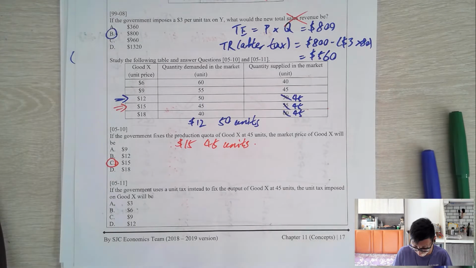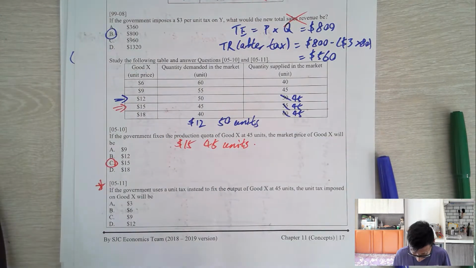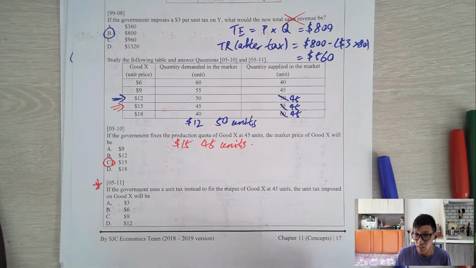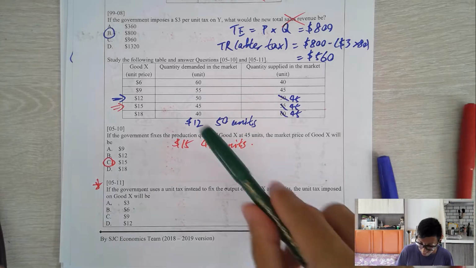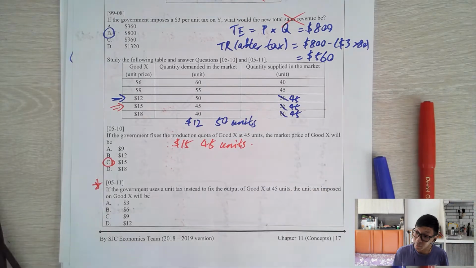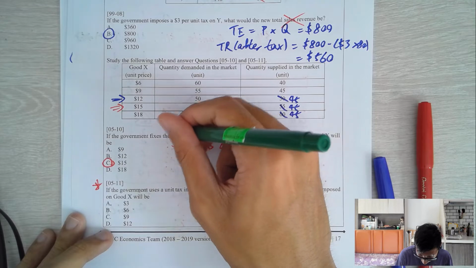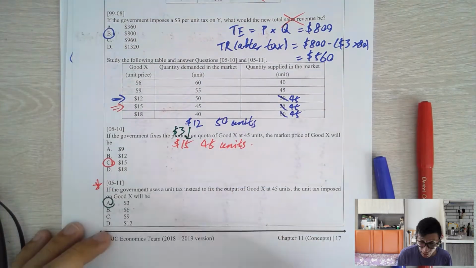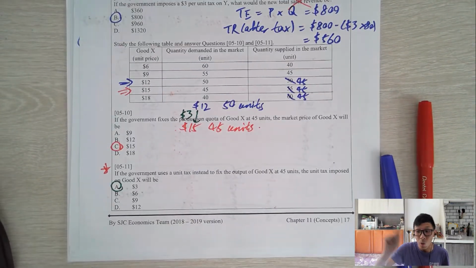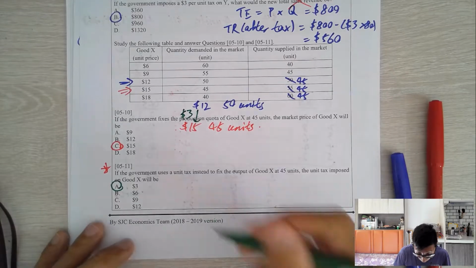this one is difficult. The unit tax imposed would be... now I know some of you are thinking, originally $12, now $15, the answer is $3, right? No, this is wrong.